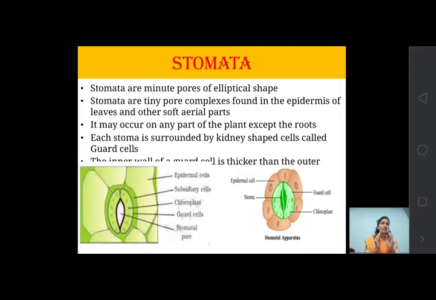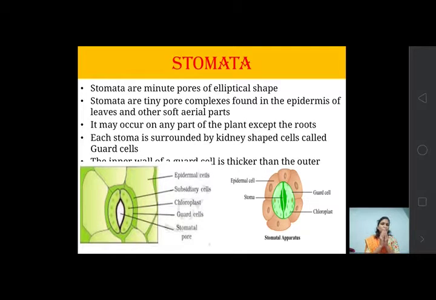When these guard cells are flaccid, they touch each other and the pore gets closed. And if they stretch towards the outside, then the stomatal pore is open.